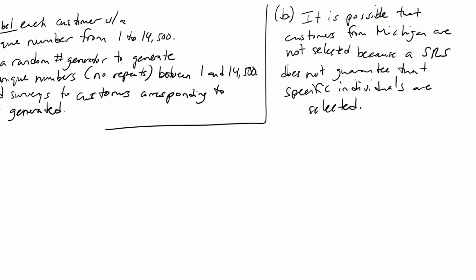Okay, so a simple random sample does not guarantee that different types of individuals or specific individuals are selected.